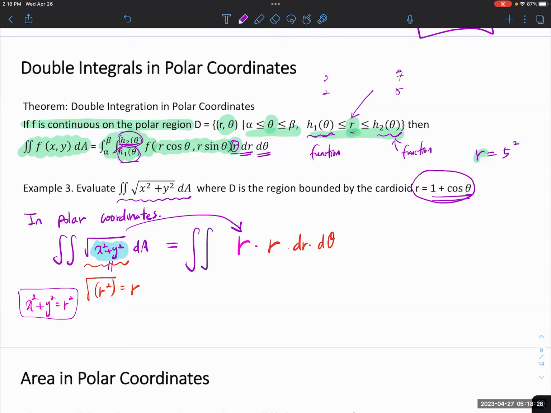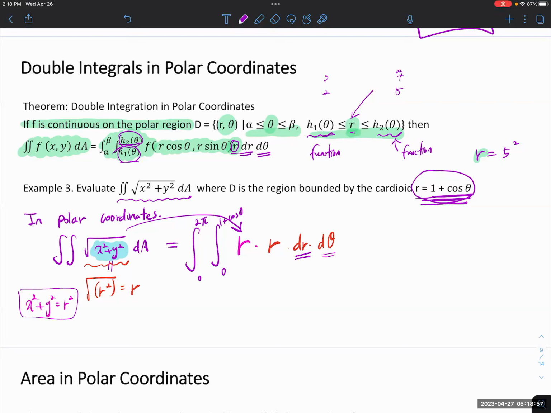Now, we have to look at the interval, correct? So I told you theta is nothing you need to worry about. It is going to be 0 to 2 pi. The question is the dr, the radius for the r. So this is something given, right? And the radius should be a positive number. So we are going to write 0 and here 1 plus cosine theta.